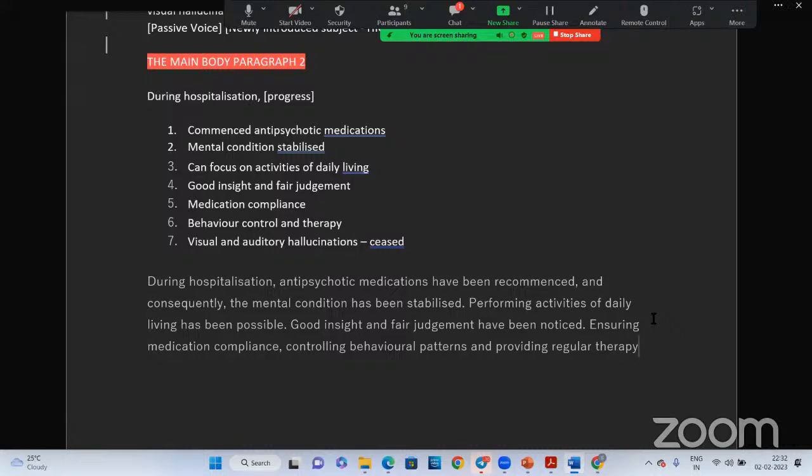We'll make a listing of this one. We'll make a better sentence. Medication compliance has been ensured; behavioral patterns have been controlled and regular therapy has been provided.